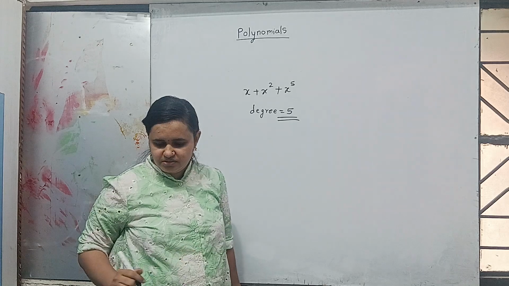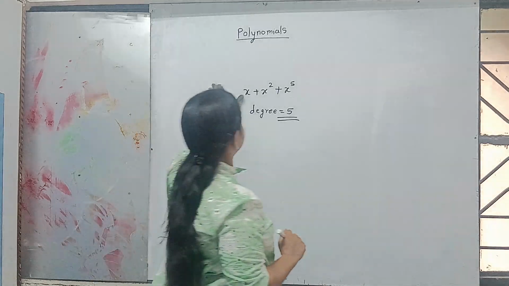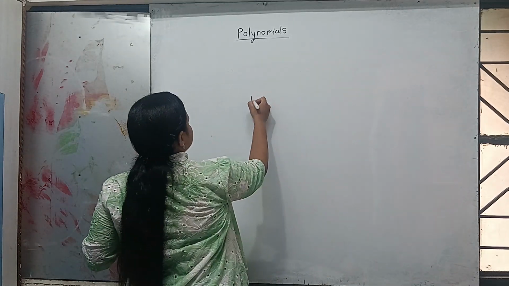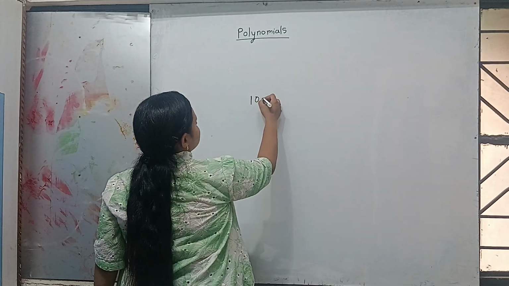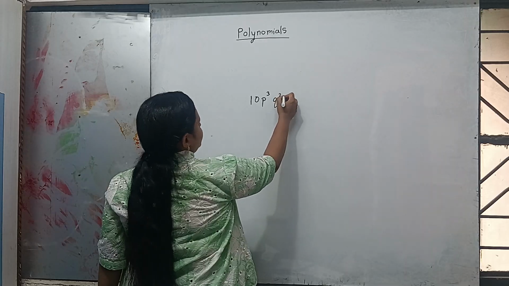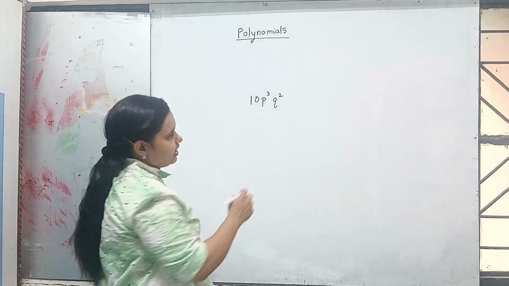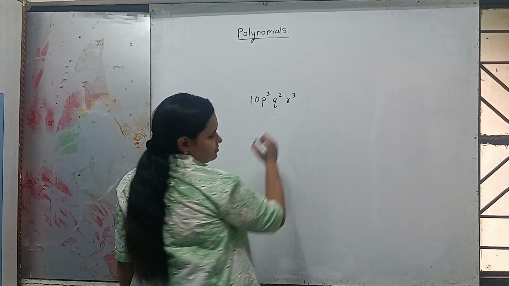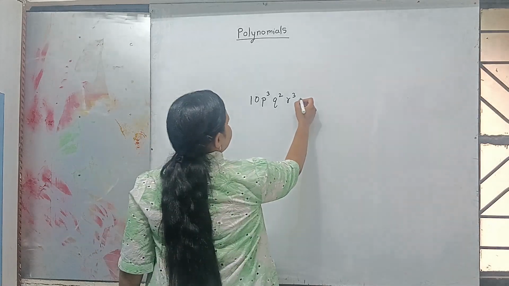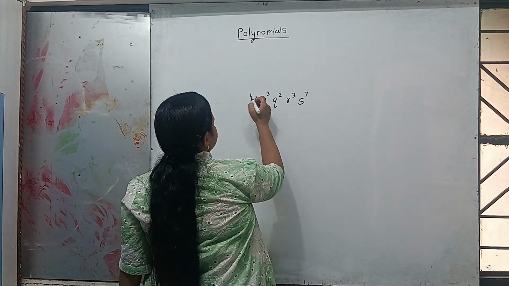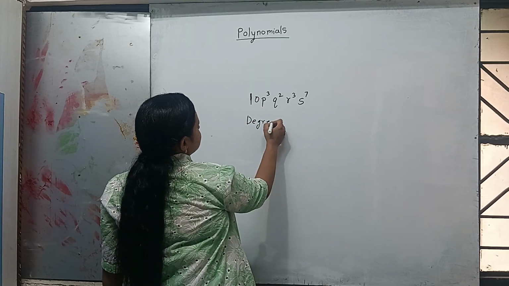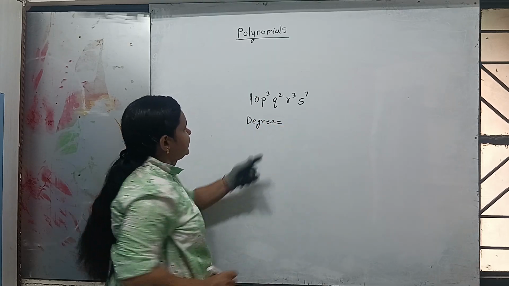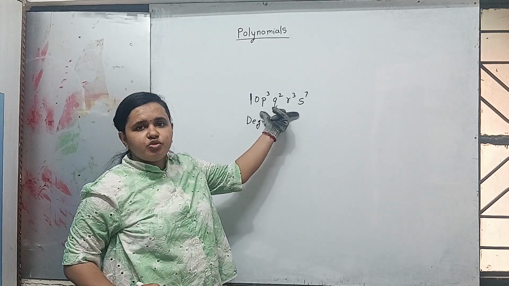Now next question. The degree of 10 p cube q square r cube and s to the power 7 is. Now it is one term only.